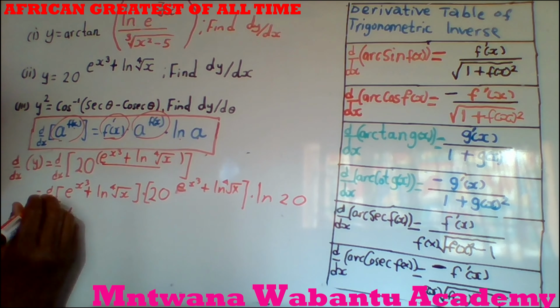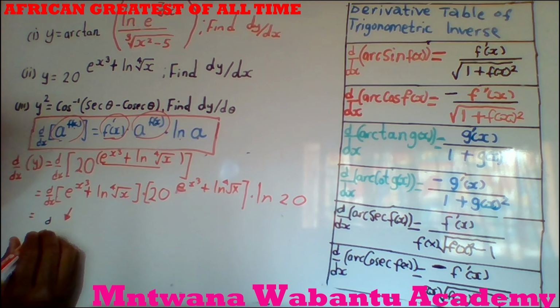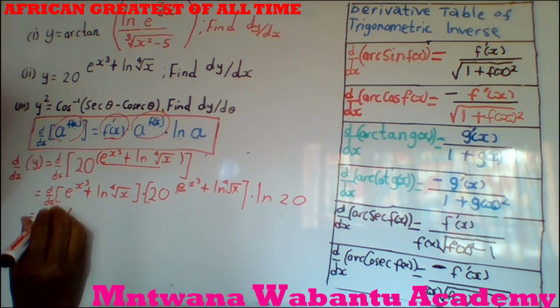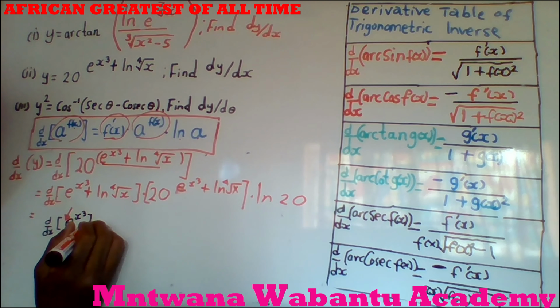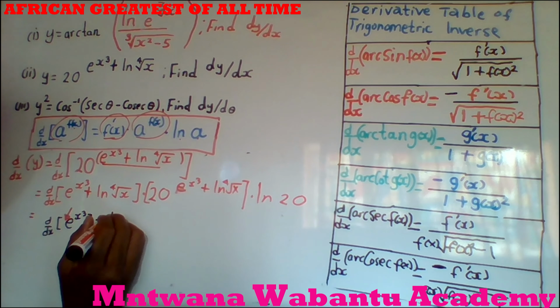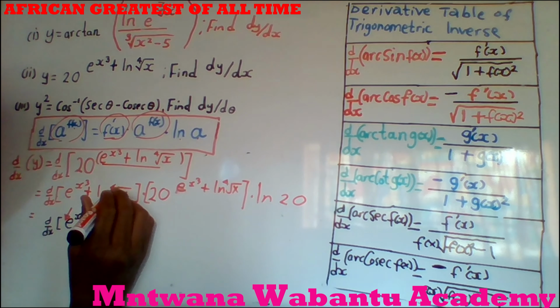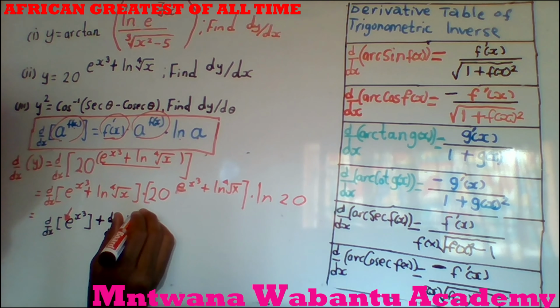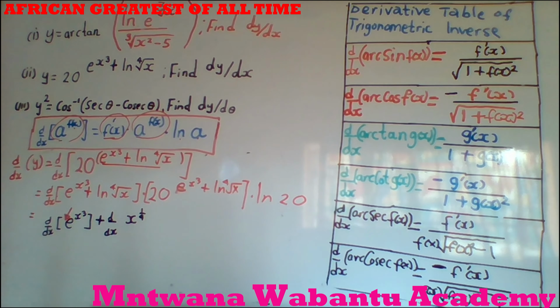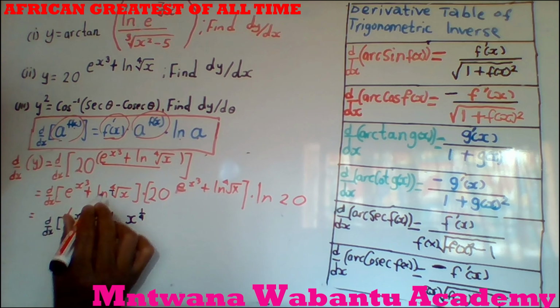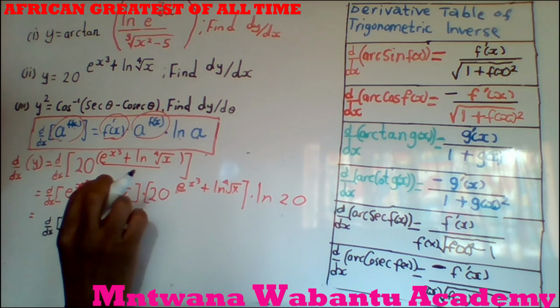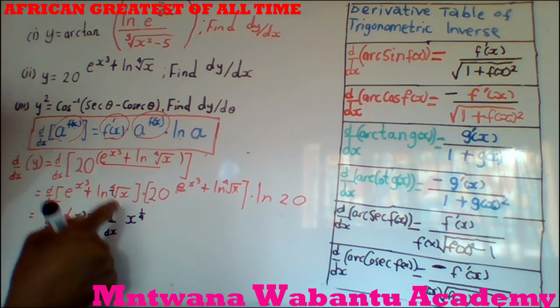So I'm going to say d/dx of the first one, which is e^(x^3), and I can also differentiate the second one, the fourth root of x, meaning x to the power 1/4 if I want to write it as a power. This is like 4 over 1, and if you remove the root, you flip the number, so it's going to become 1/4.